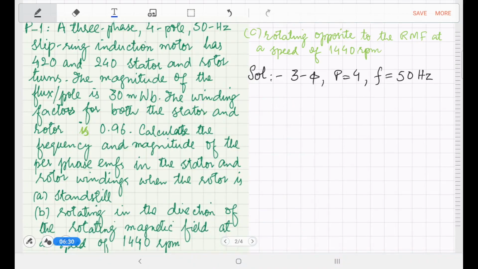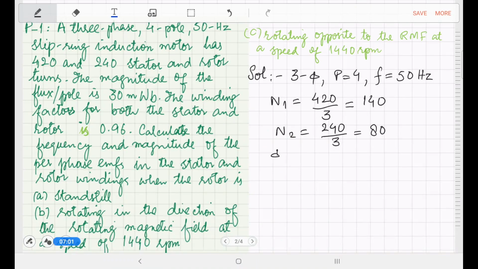Therefore, we can calculate the number of turns per phase of stator, N1, which will be 420 by 3, which is 140, and N2, the number of series turns per phase of rotor, will be 240 by 3, 80.